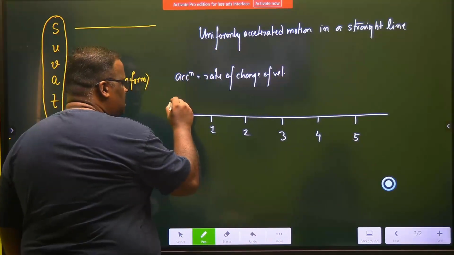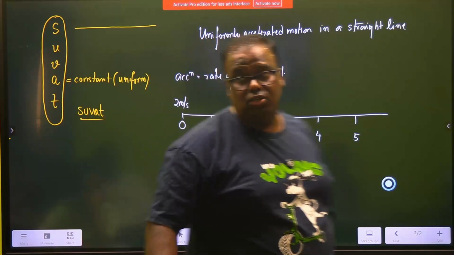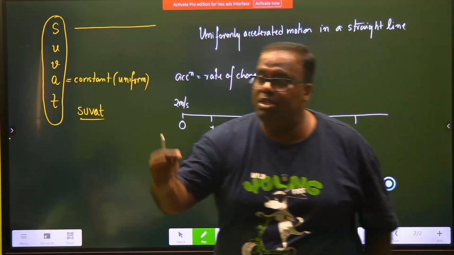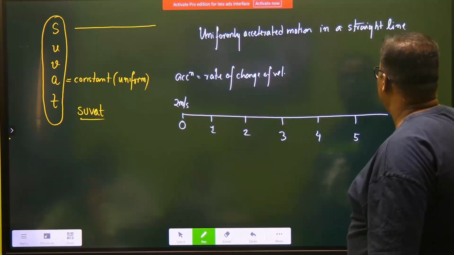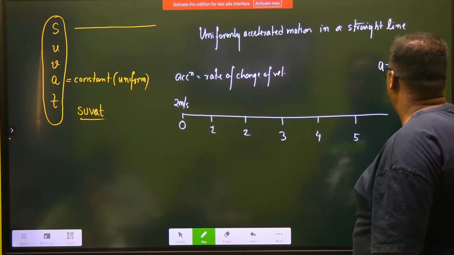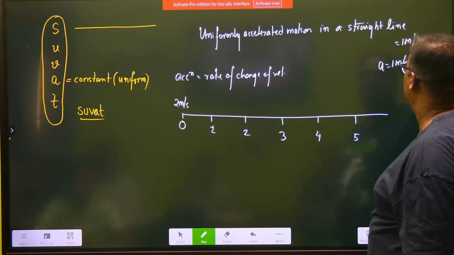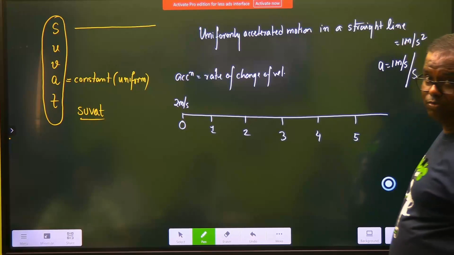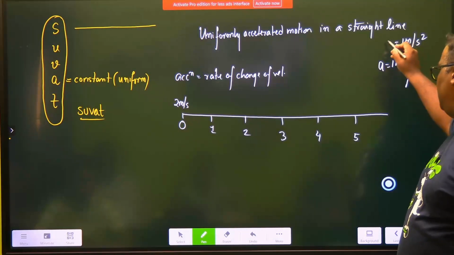A person starts with a velocity, in a straight line, okay? Starts with a velocity of 2 meters per second. This is his starting velocity. And I say my acceleration value is 1 meter per second per second. That is what is known as, please, 1 meter per second square. These are tough topics, okay? Please try to understand properly. Acceleration's value is how much?